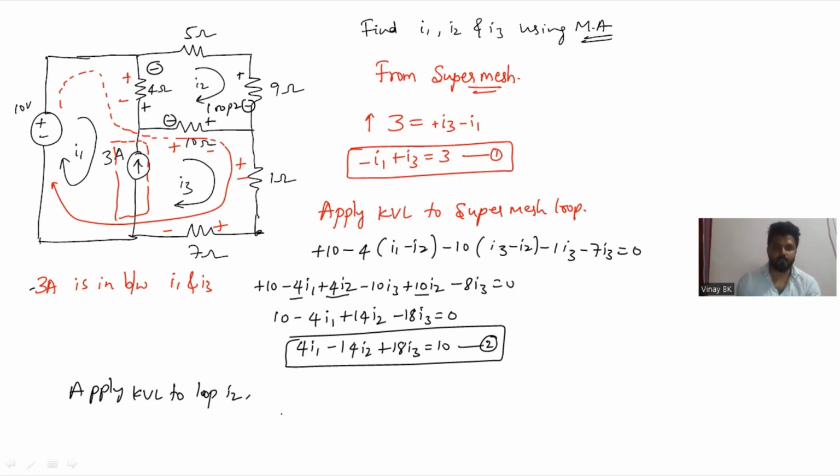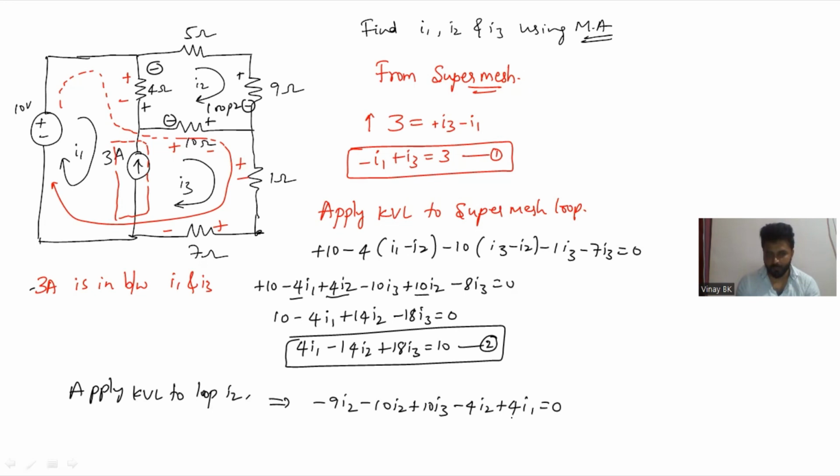So I can write now: minus 9 I2 minus 10 I2 plus 10 I3 minus 4 I2 plus 4 I1 equals 0.